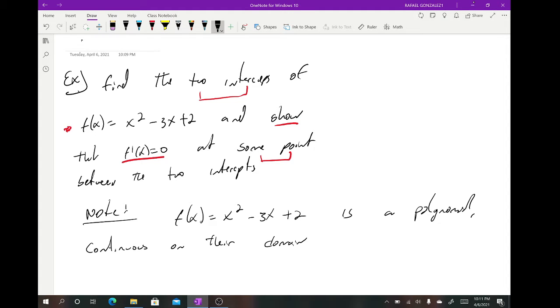So this function is continuous on its domain. Also, because f of x is a polynomial and is continuous on its domain, we also know that f of x is differentiable at every point in its domain. We covered this a while back when we spoke about the derivative.